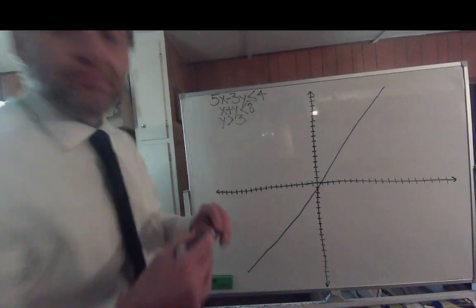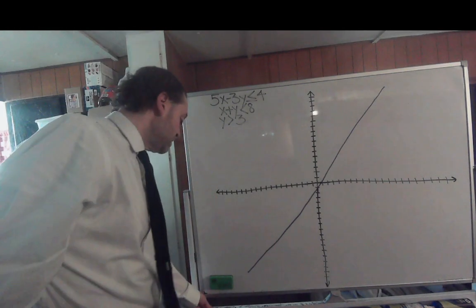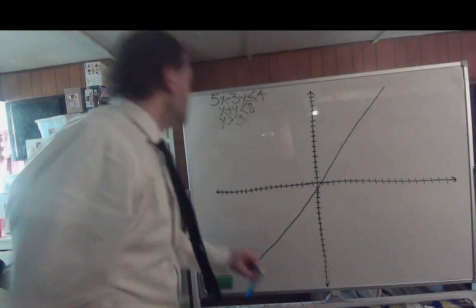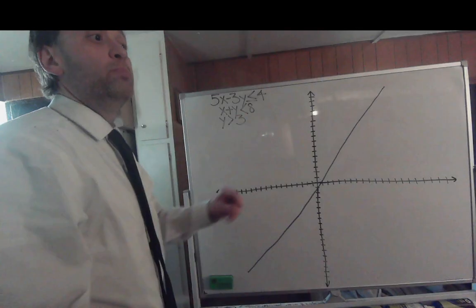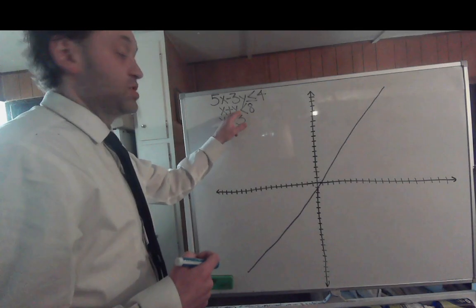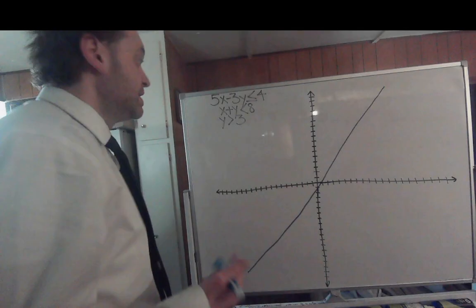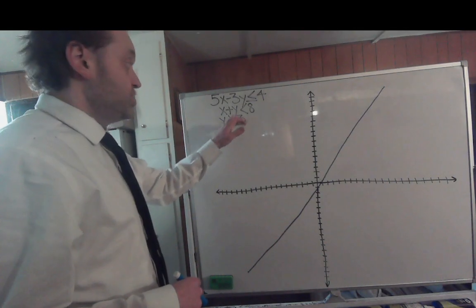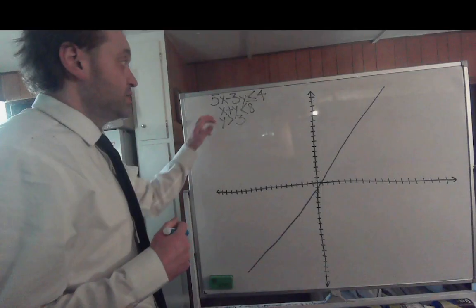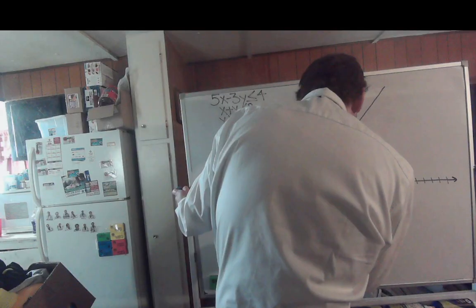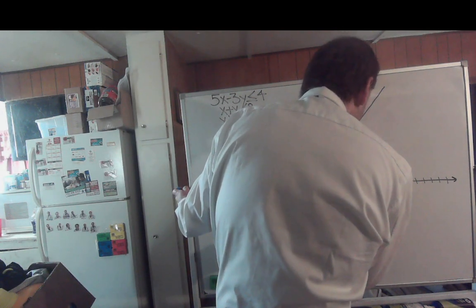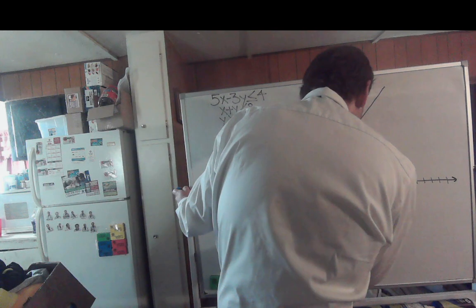All right, now let's go to x plus y is less than 8. Since it's just less than, it'll be a dotted line going through x plus y equals 8, because that would not be part of your solution set since there's no equality. So your x-intercept is going to be at 8, 0.